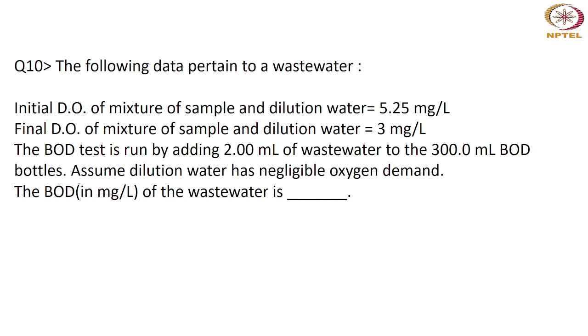The BOD test is run by adding 2 ml of wastewater to a 300 ml BOD bottle. Assume dilution water has negligible oxygen; you don't have to count that. It doesn't have any organic matter present, the distilled water. So you have to calculate the BOD in mg per liter for the wastewater. How much BOD was there?